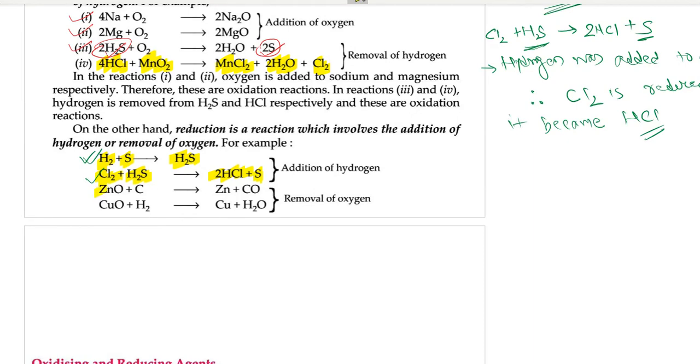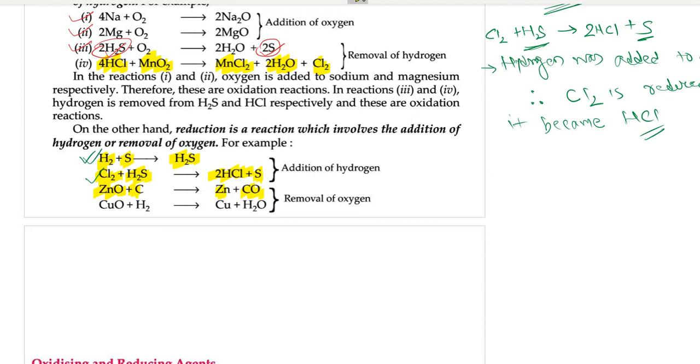Next one. Zinc oxide plus carbon gives zinc plus carbon dioxide. Oxygen is removed from zinc oxide. That's why it is reduction. But oxygen is added to carbon. That's why it is oxidation also. You should exactly know where oxidation is happening, where reduction is happening.